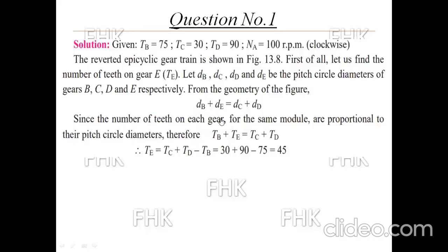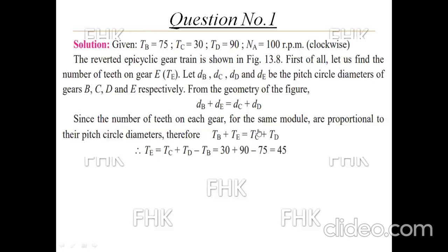Now come to our problem. From this problem statement, I am getting the new statement in terms of teeth: TB plus TE is equal to TC plus TD. We have to find out the teeth on gear E. TB value is given, TC is given and TD is given.